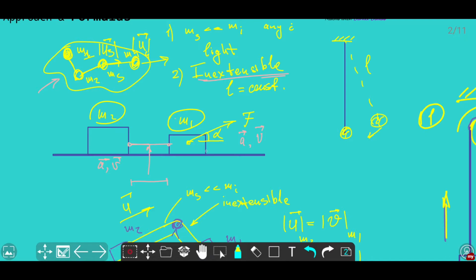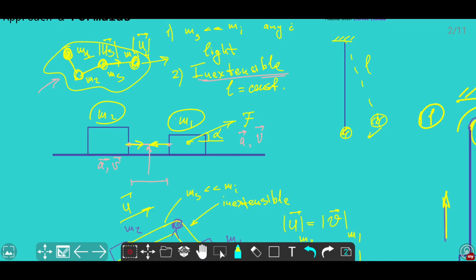Sometimes it's very helpful to consider those two objects as one single object with a mass m1 plus m2. Why can you do that? Because if you don't want to take into account the tension forces, which obviously act on each object of the system, you just consider the whole as one object. So you apply the force and this object moves to the right.